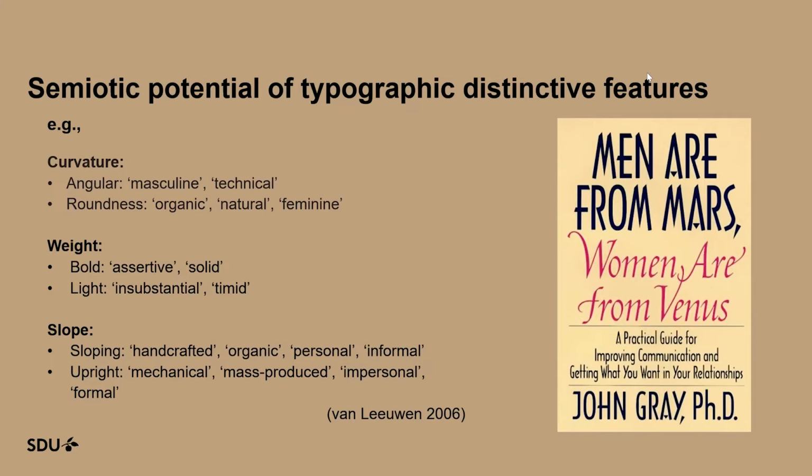I'd like to move on and talk about typographic semiotic principles, because now Van Leeuwen claims that these distinctive features of a typeface can have semiotic potential. In addition to that, I agree with him when he says that there are often some more general semiotic principles at play when typography creates meaning. Van Leeuwen has introduced two such typographic semiotic principles, metaphor and connotation.